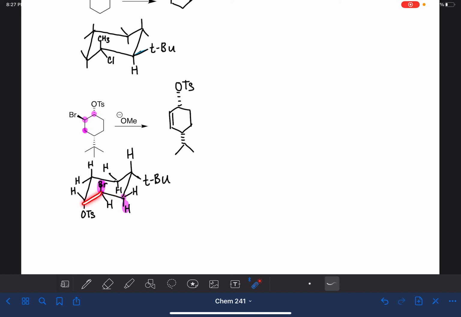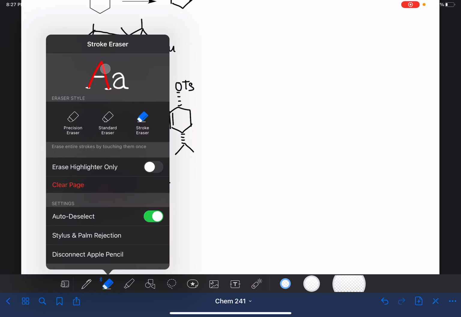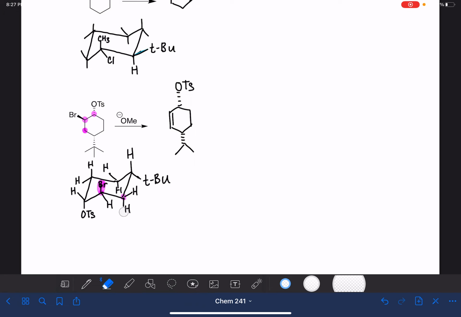We can't go this way because the bromine and the hydrogen are not opposite each other. So I'm going to see if I can erase those highlighters. And then let's consider possibilities where the OTS is our leaving group. So if the OTS is the leaving group, we are looking at elimination between these two carbons or between these two carbons. If we go this way, the elimination would take place between this hydrogen and the OTS.